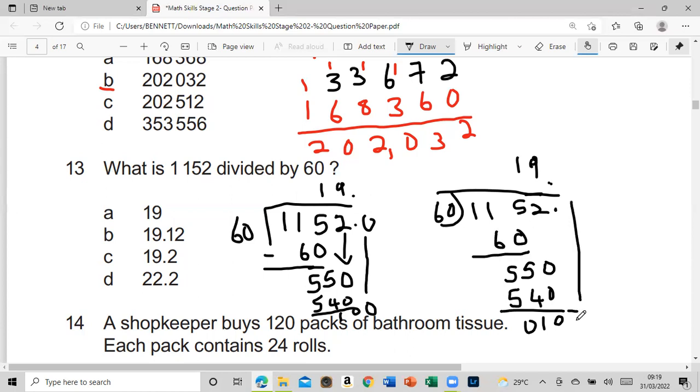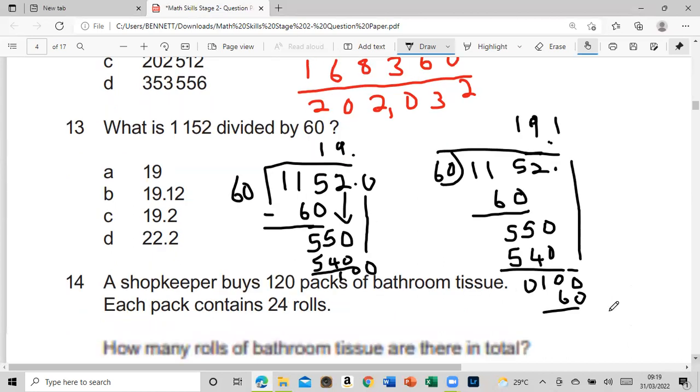Carry down 0. 6 into this one time. So this will be 60. That's 90.